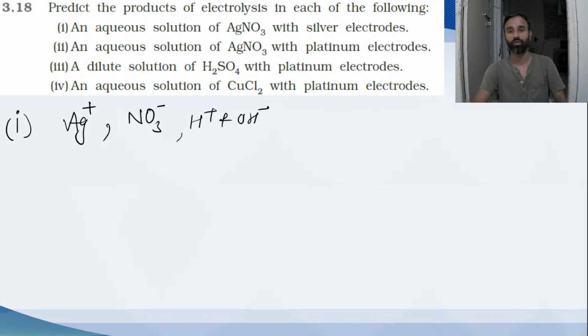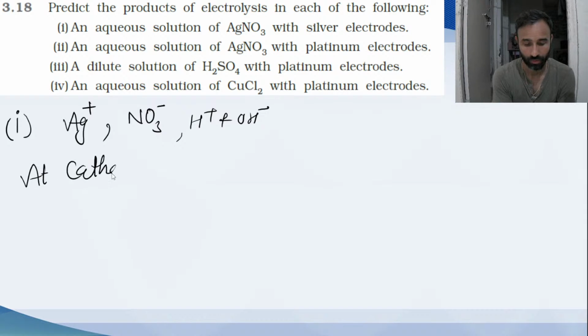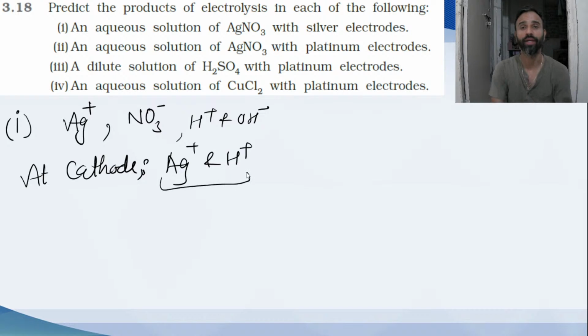Now just say at cathode. At cathode we have Ag+ and H+. So keep in mind, when Ag+ and H+ are there at cathode, discharge potential of silver is less than hydrogen.